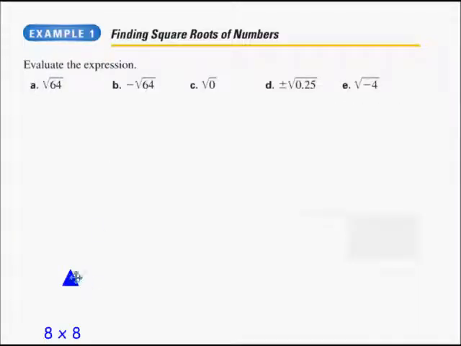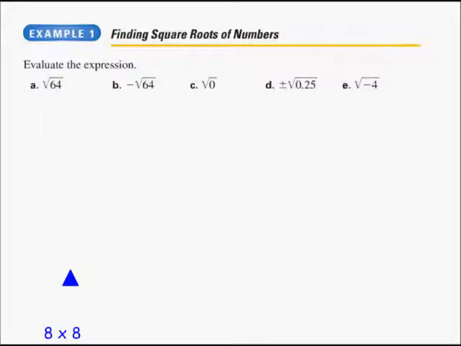So here's a couple of examples for us to get started with. It says evaluate the expression, and our first expression is the square root of 64. The radicand is the number underneath the symbol, and this is the radical symbol.